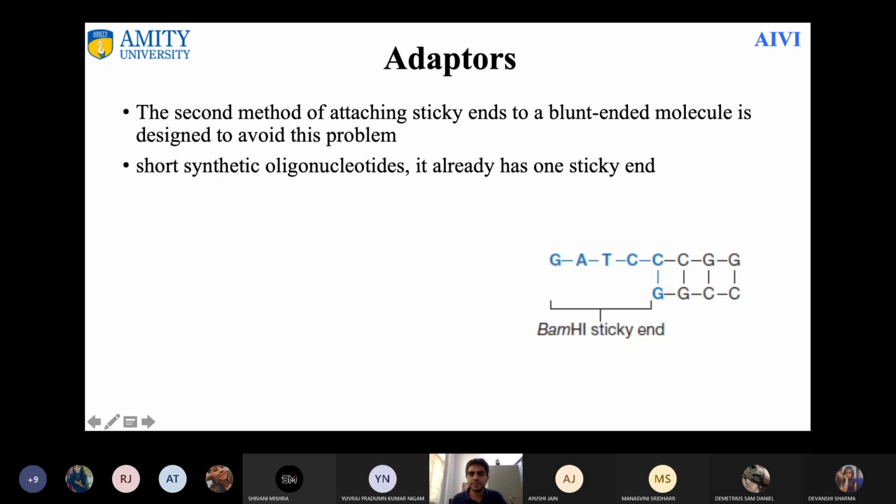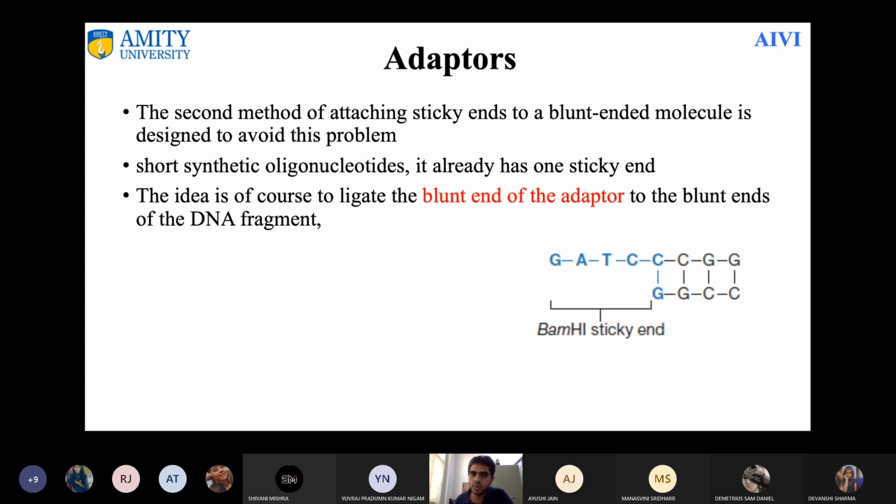Here you can see an example of an adapter. It has one blunt end, and the second is going to be a sticky end. From this blunt end, you are going to join with your DNA, which then leads to incorporation of a sticky end. The idea, of course, is to ligate the blunt end of the adapter to the blunt end of the DNA fragment. So here the ligation is blunt end ligation, not from the sticky end.